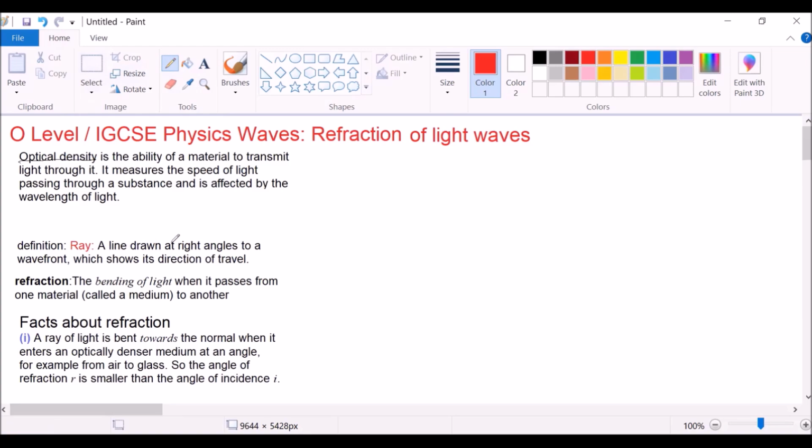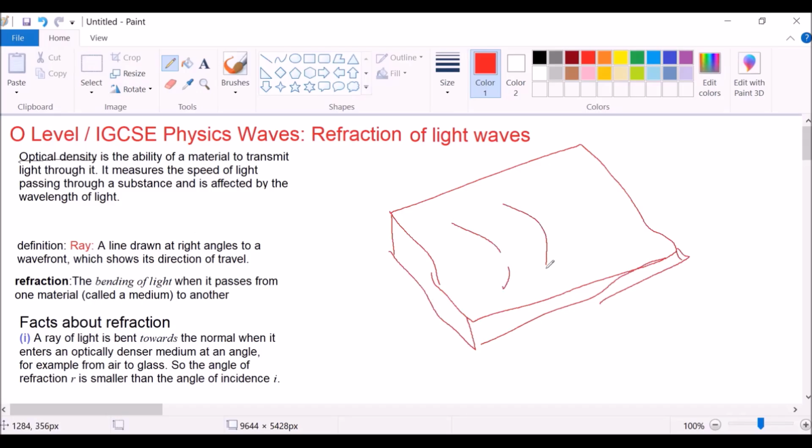A ray is a line drawn at right angles to a wavefront, which shows its direction of travel. Let's say we are generating waves in a ripple tank, for example. These waves are going out like that if we are starting from a point source. So the rays will be the direction of travel. So we can represent a wavefront by straight lines showing the direction.